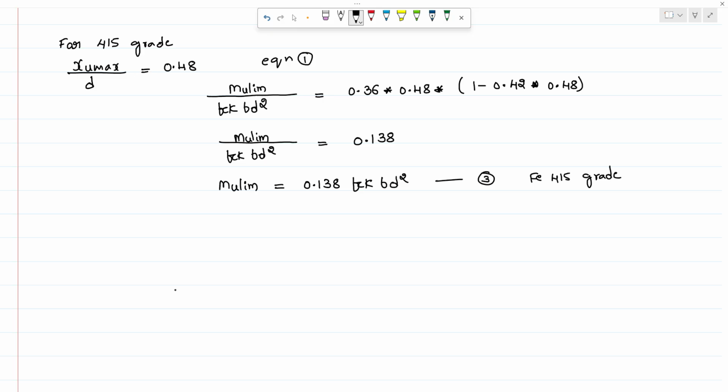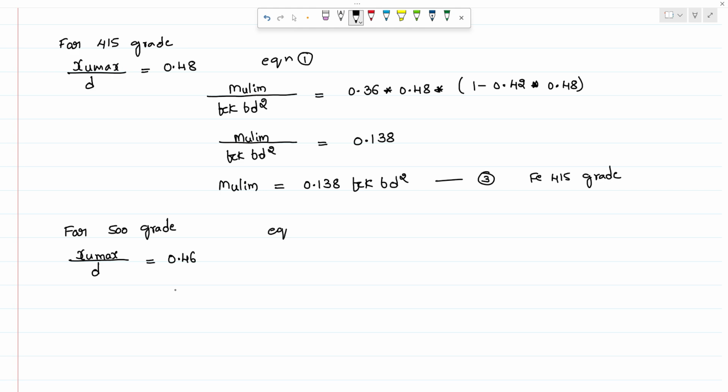So similarly calculate it for 500 grade steel. First let me note down the xu max divided by d, which will be 0.46.